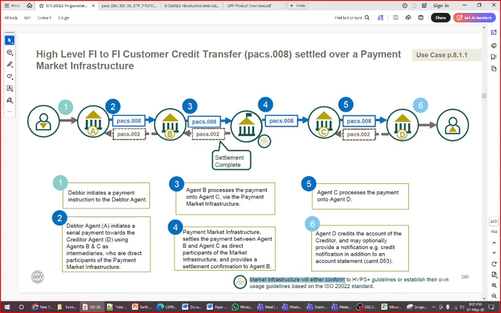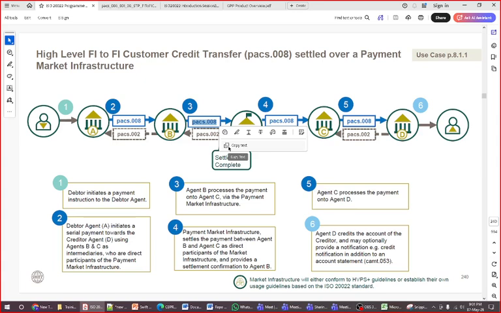The market infrastructure will follow the HVPS guidelines. So the payment which is processed between B and C, the Pacs8 message, follows the high value payment guideline rather than CBPR. The high value payment guideline format structure is exactly similar to CBPR. That's why we are not learning HVPS guidelines separately.